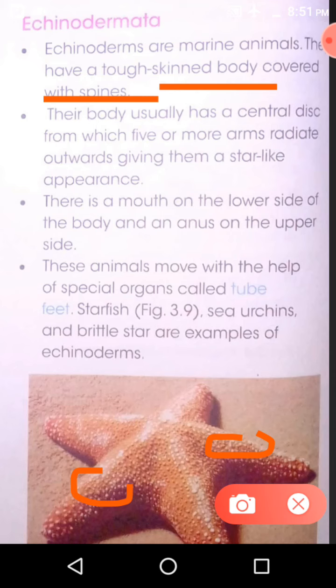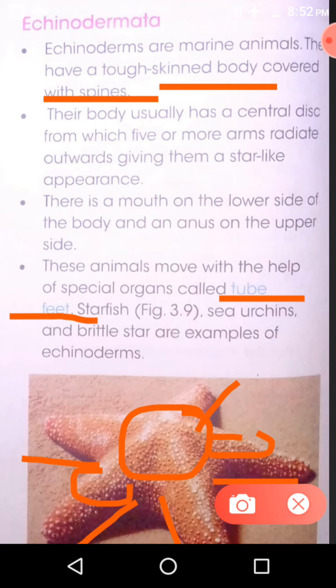Their body has a central disc from which 5 or more arms extend, 2, 3, 4, 5. Mouth is on the lower side and anus on the upper side. These animals move with a special locomotory organ, the tube feet.